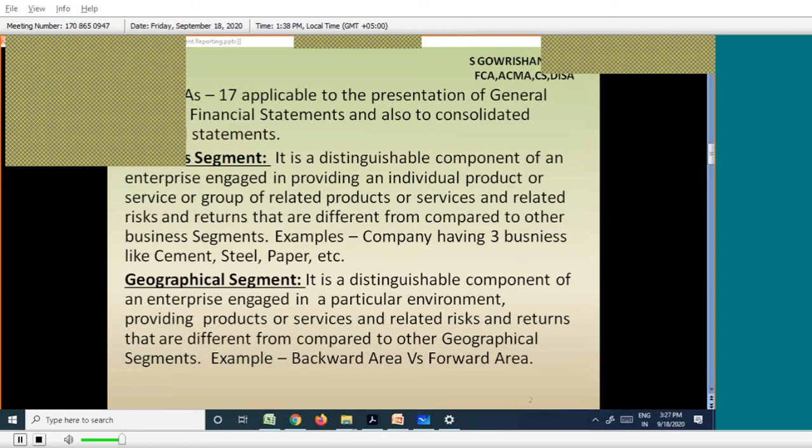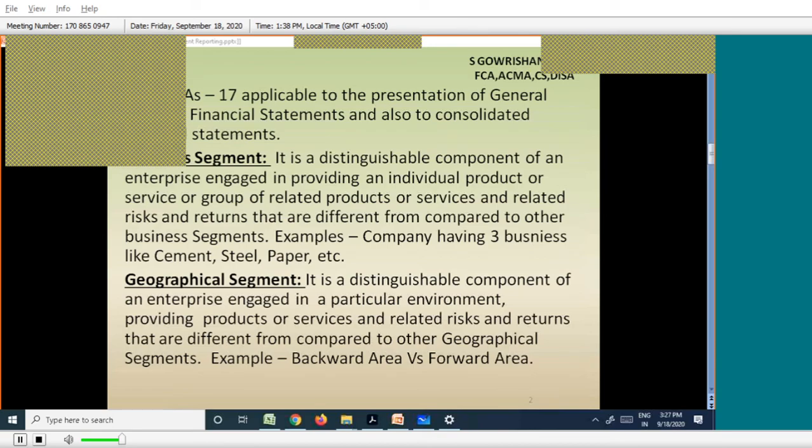Example, backward area, forward area. Backward area means what? Northeast regions, hill stations. If I do business in a hill station, I will get different risk and return. I have to face different risk and return. If I want to do it in a well-settled, well-developed state, the risk and return will definitely be different. Okay.